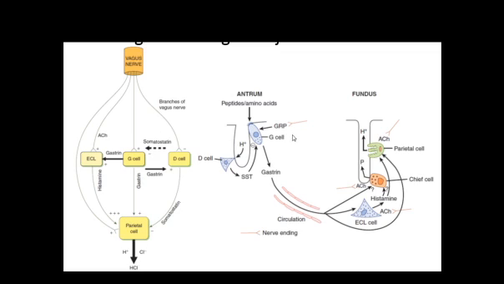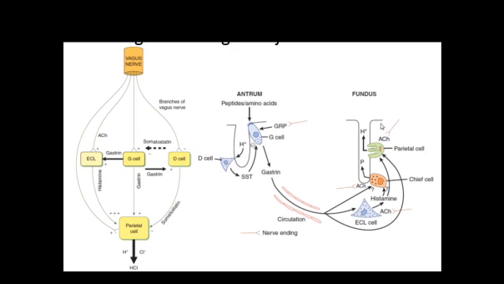Now the chemicals involved in gastric acid secretion are mainly gastrin, histamine, acetylcholine, H plus ion and chyme. The gastrin which is released from the G cells, as I have stated earlier, not only promotes gastric acid secretion but also has a trophic role on the growth of the fundus or the gastric mucosa.